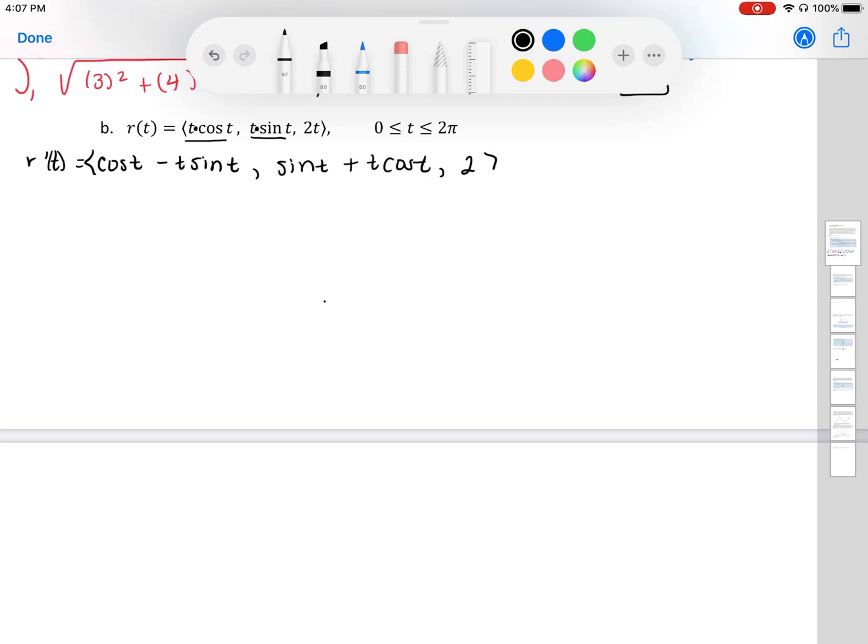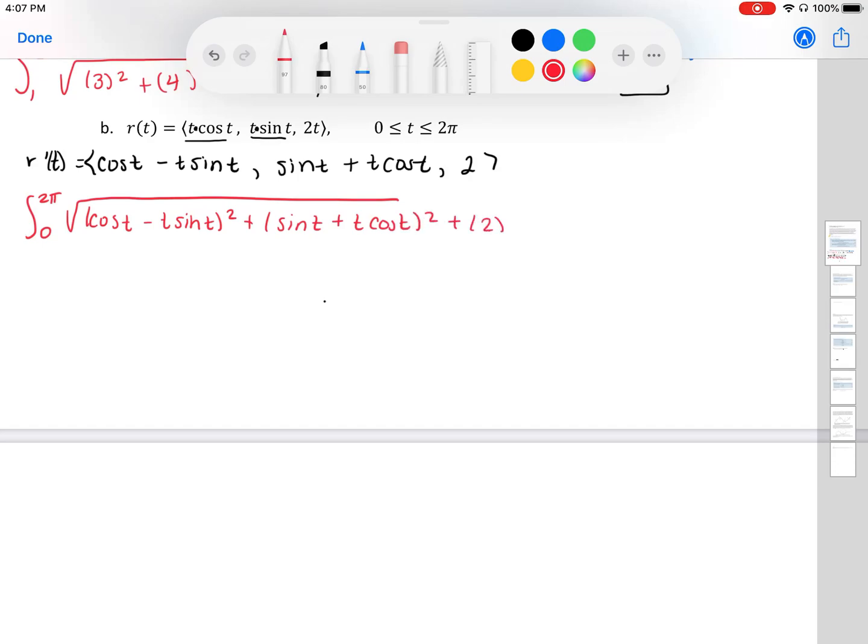Okay, let's take the integral from 0 to 2 pi of the square root of our derivative's components squared, so that I have (cosine of t minus t sine of t) squared plus (sine of t plus t cosine of t) squared plus 2 squared dt.